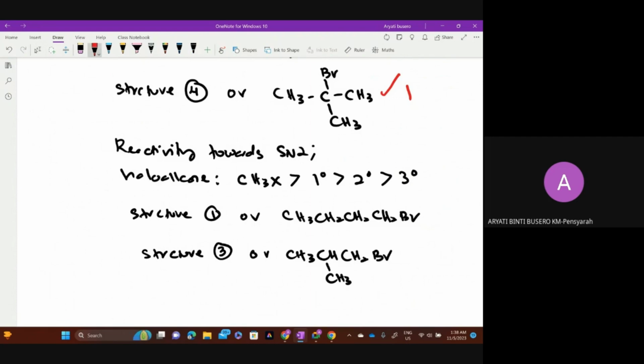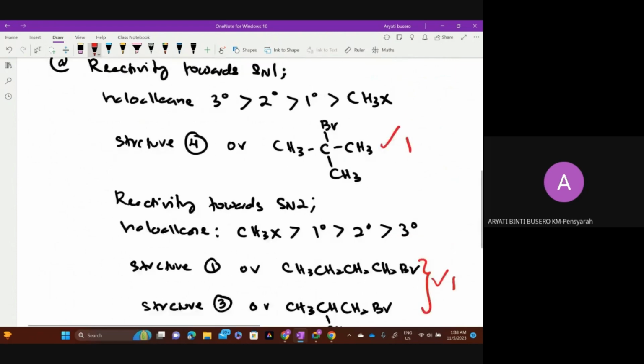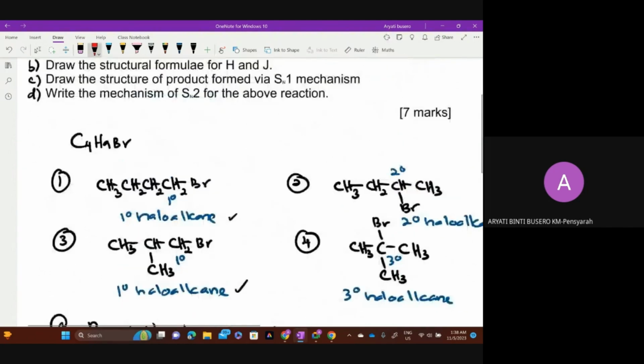So this one will contribute 1 mark. So 2 marks. Okay, next question is for question B.